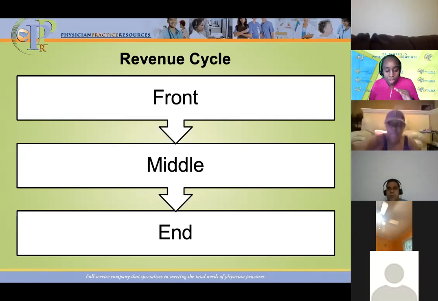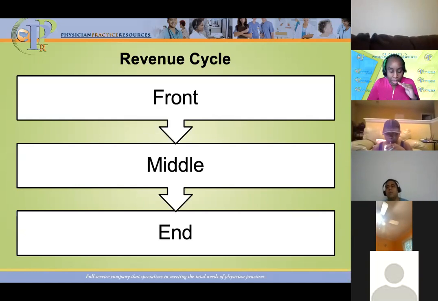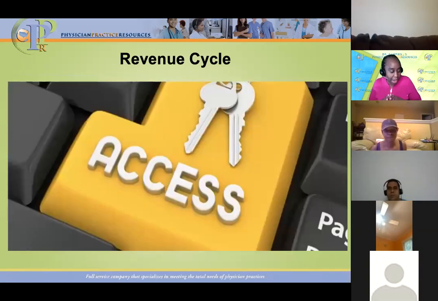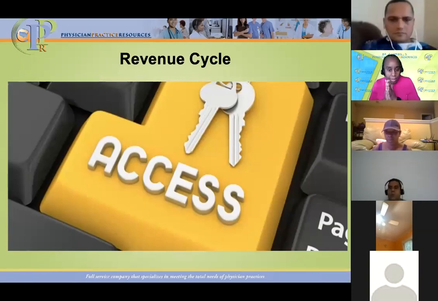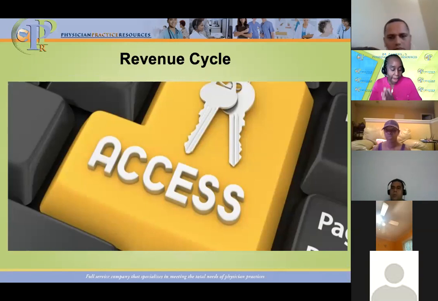One aspect that the textbooks don't cover is that the revenue cycle process starts at the time that the patient accesses our healthcare services, at that registration desk, commonly known as patient access.